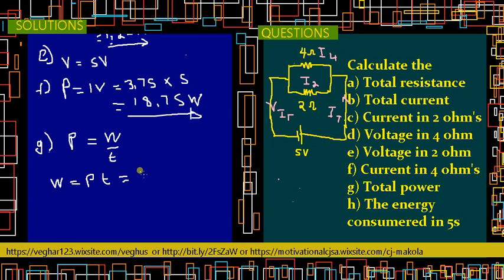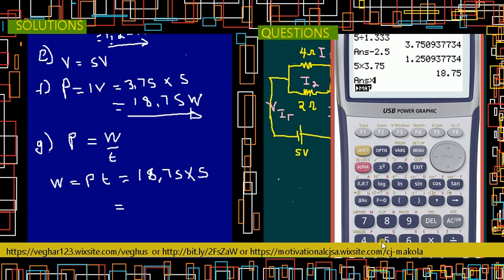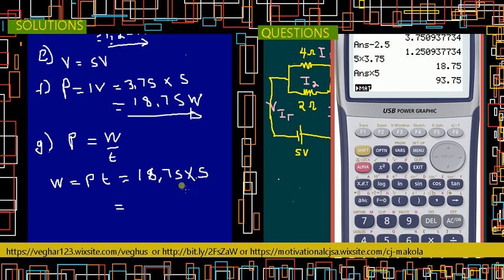So we have 18.75 multiplied by 5, which is 93.75 joules, because energy is measured in joules.